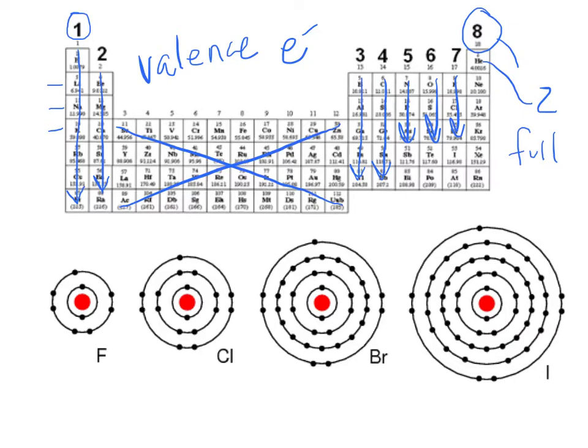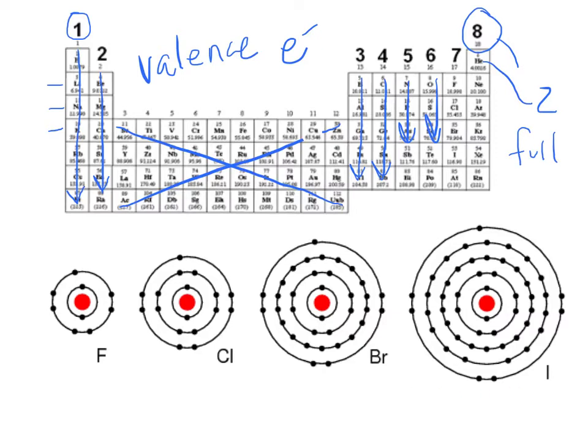So let's take a look at family 17. And I just erased it there so you can see. We have fluorine, chlorine, bromine, iodine, and that's all I have down here too, is these 4 types of atoms.